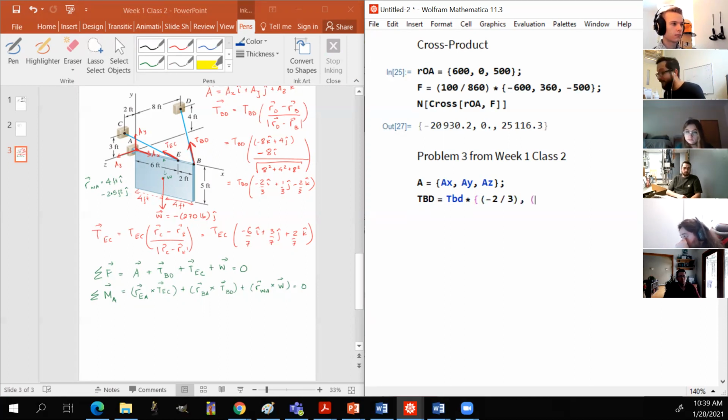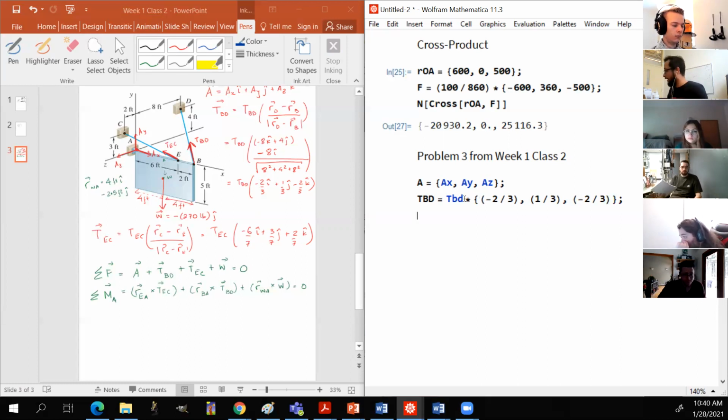I'm excessive with my parentheses, so you don't need to do that, but it helps me in debugging. So 1/3 in the J hat direction, and then minus 2/3 in your K hat direction. So that defines your TBD.